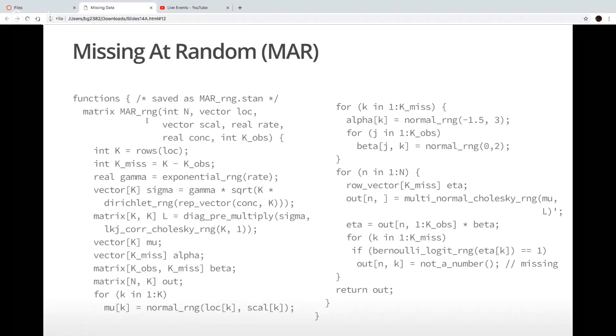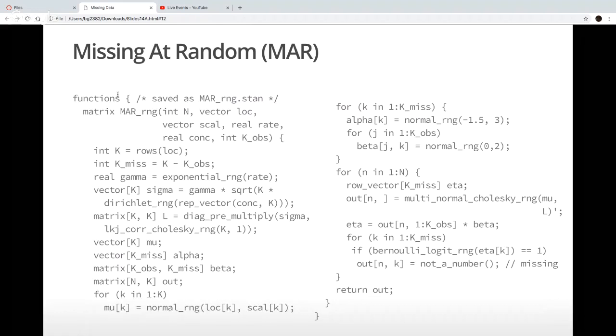random means. And basically what missing at random means is, okay, we have some variables that are fully observed, other variables that have some missingness. The probability of missing on any particular observation only depends on the variables that are observed, not the true values of the variables that are subject to missingness.